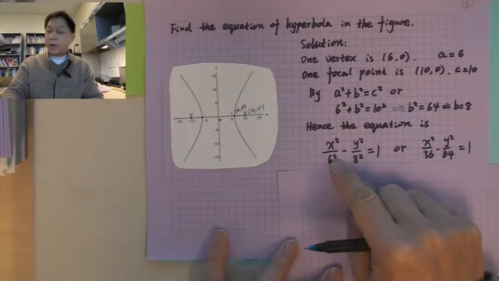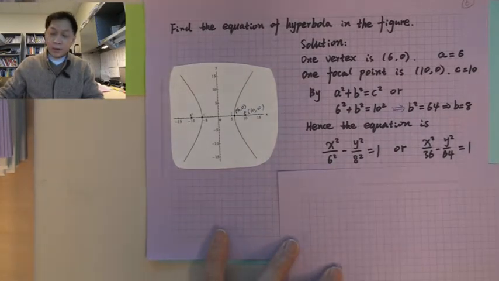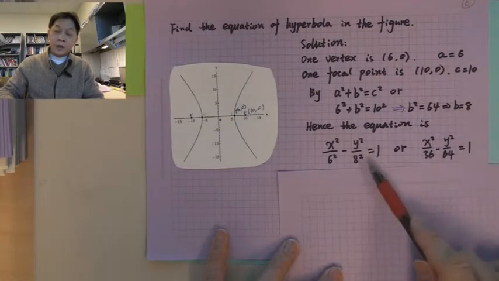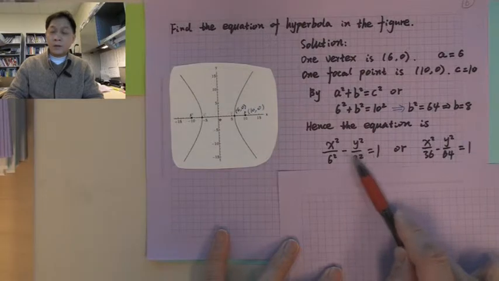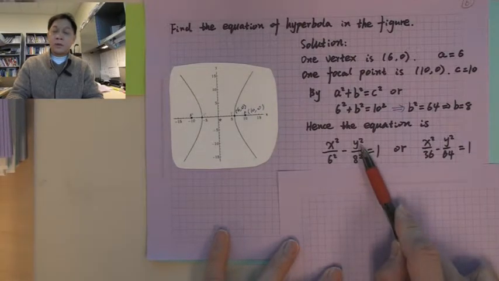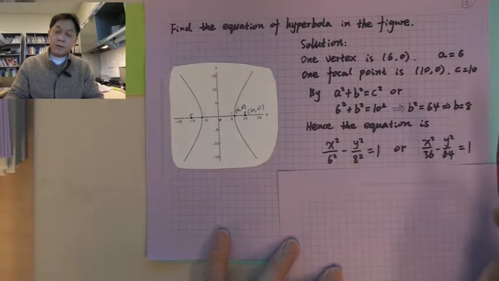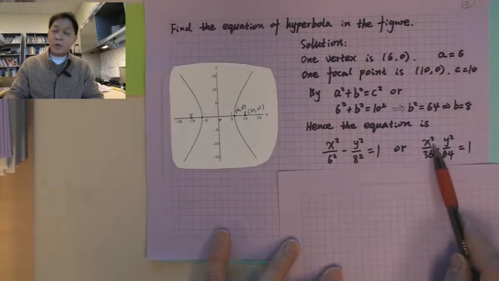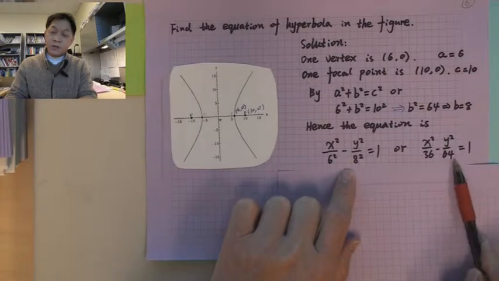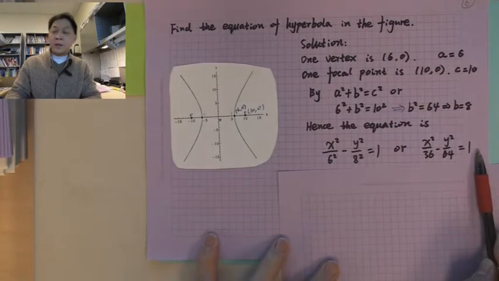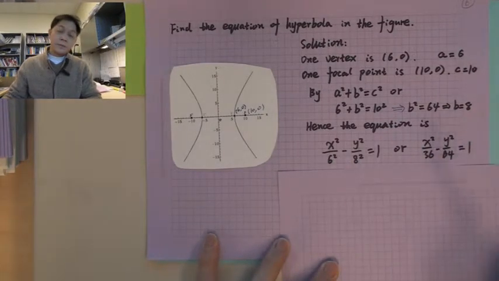So A squared, 6 squared, goes on the denominator for x squared, and B is 8, so 8 squared for y squared. You may write x squared over 36 minus y squared over 64 equals 1. And this is the final answer.